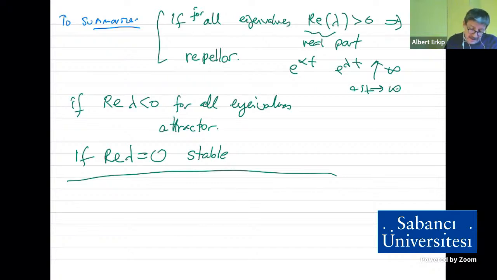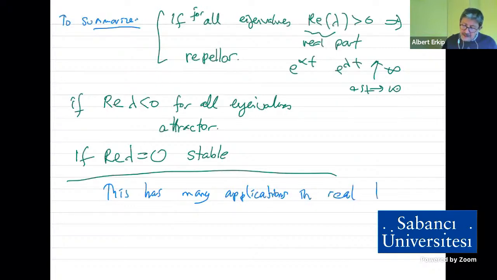Now, this has many applications in real-life problems. I'll give an example.